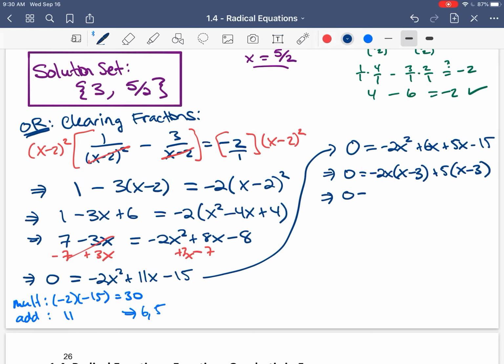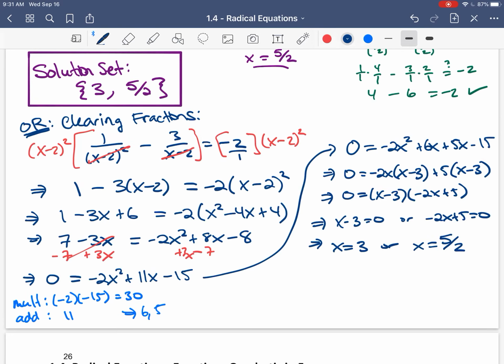And now I can pull out the x minus 3, and I'm left with negative 2x plus 5. So that means one of these has to be 0. So x minus 3 is 0, or negative 2x plus 5 is 0. So that means that x is equal to 3, or if we solve this one, x is equal to 5 over 2. Same as before.